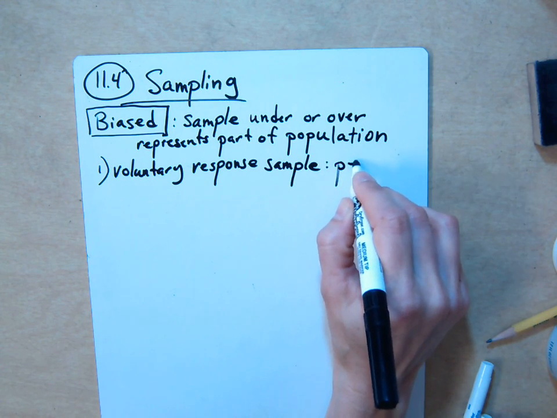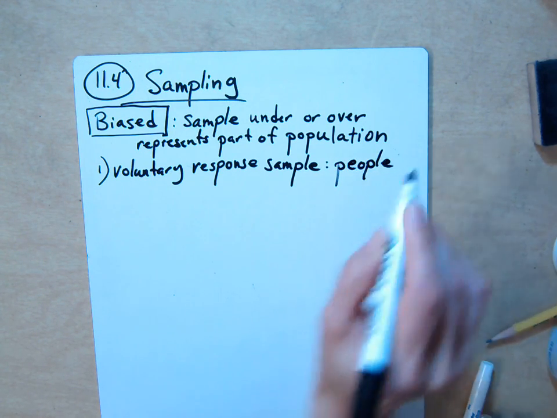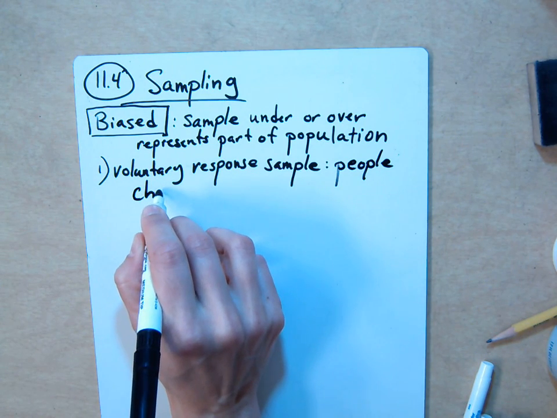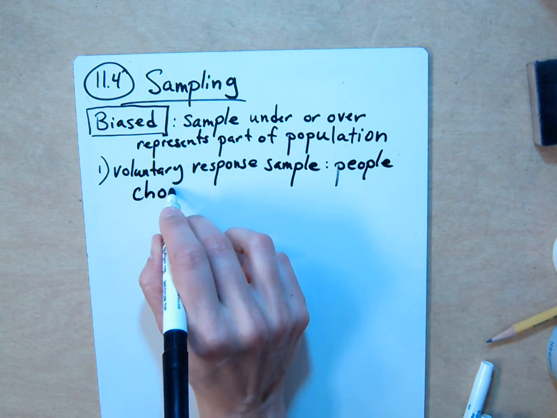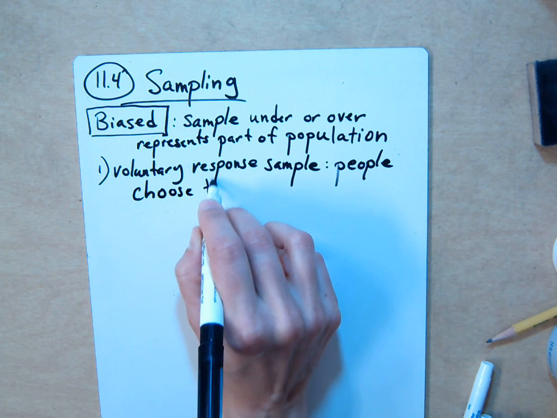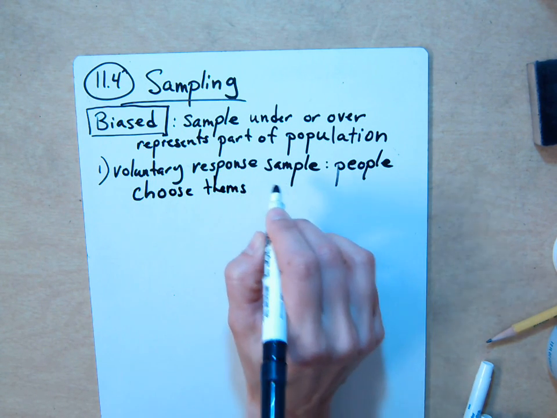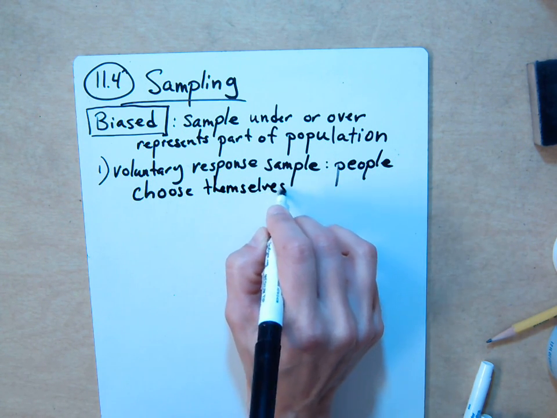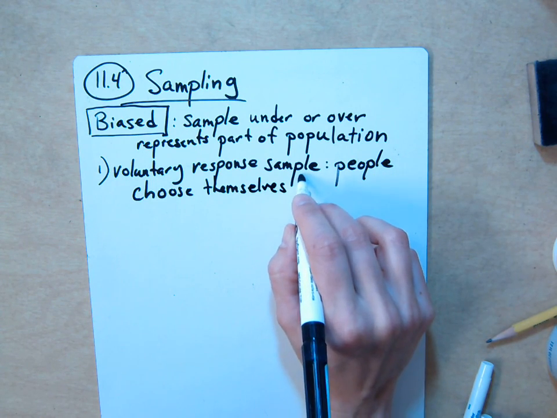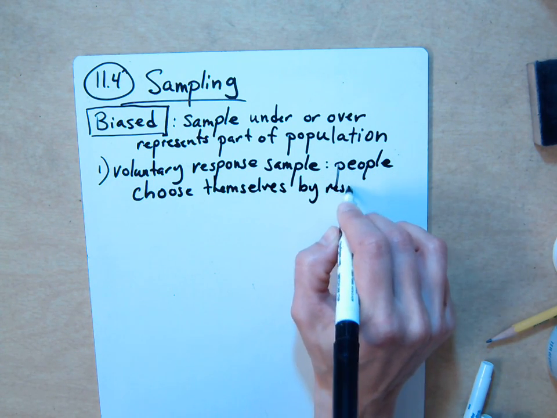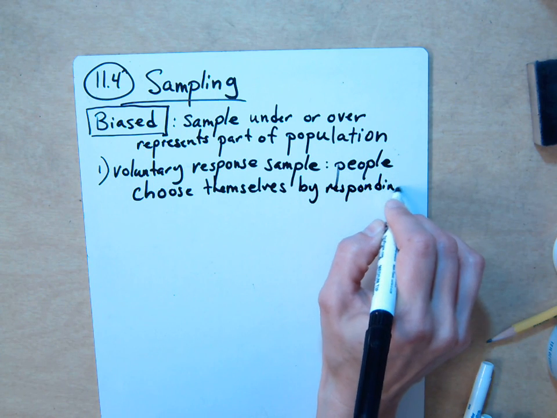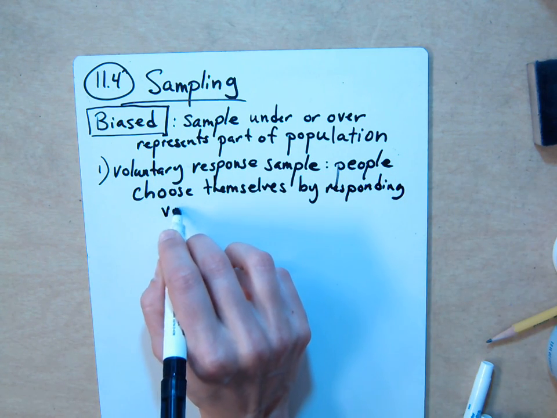And what might make that biased? People, so let's write about it. People choose themselves on a voluntary basis by responding voluntarily.